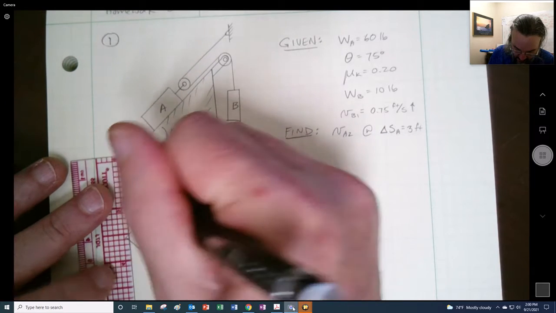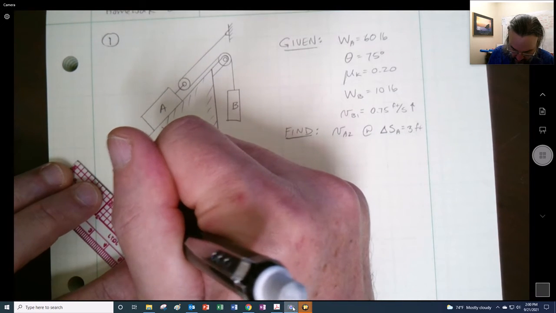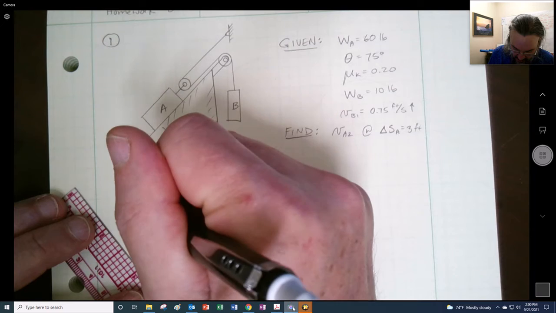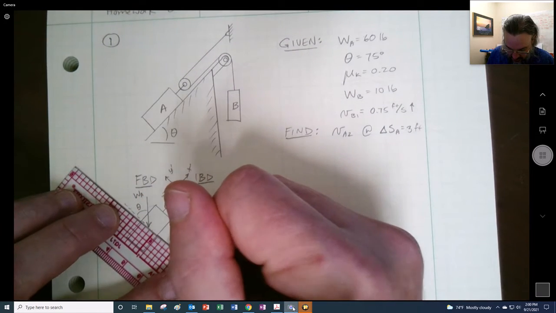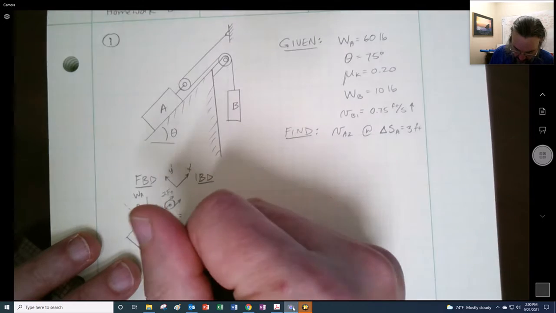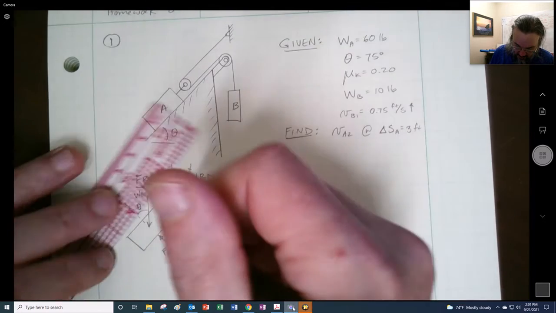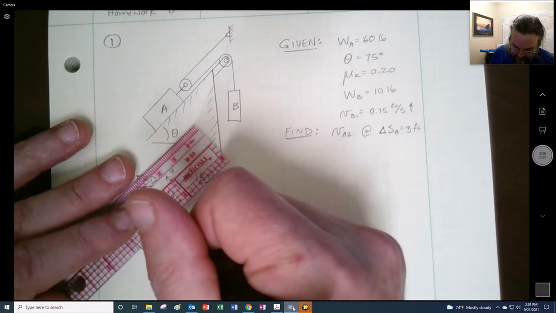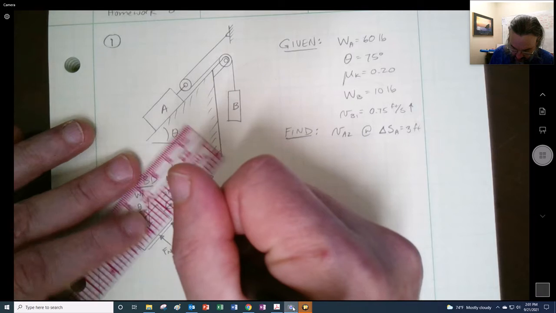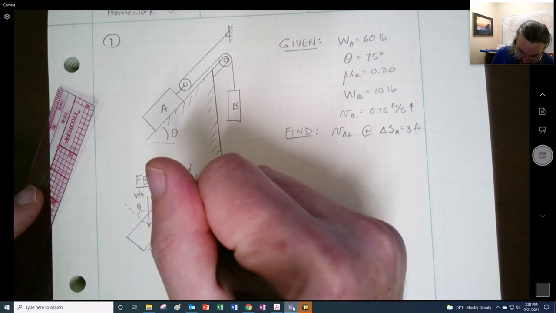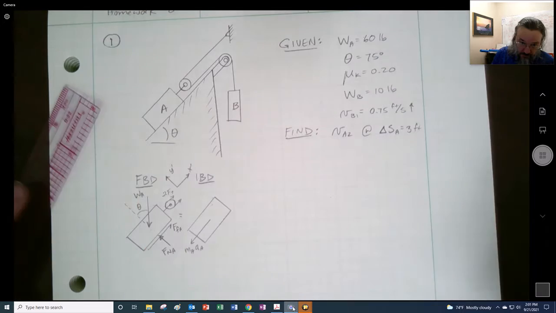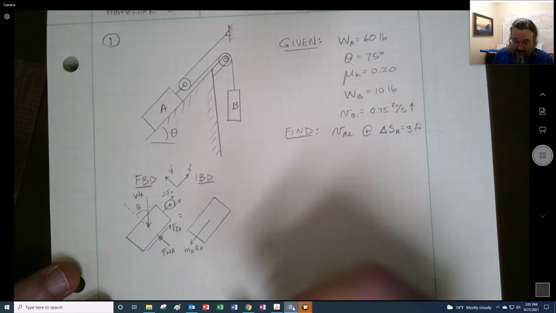Here's the weight of A. And here's the angle, theta. And this is the whole purpose behind this: we want to get this normal force. And it's sliding downwards, so friction is coming that way, right there. So we'll go FA and FNA.